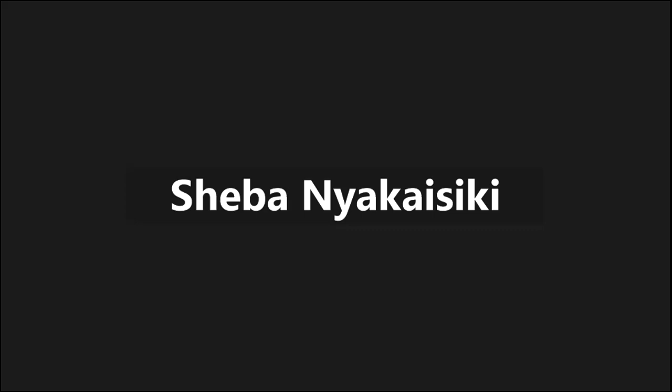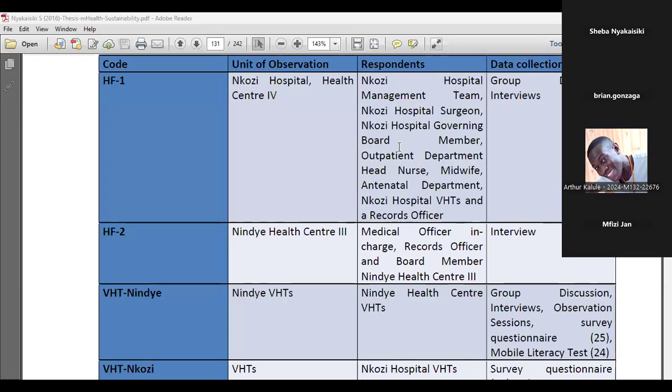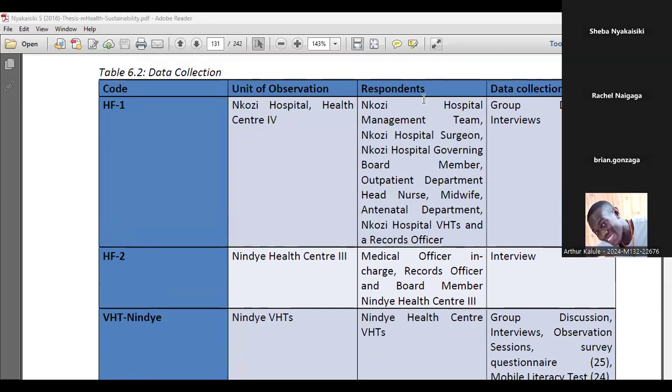But let me just share with you. I hope you can see my screen. Yes. So remember, my research was qualitative in nature. First of all, I had a code. I coded HF1 for a particular health facility, and I said it's the unit of observation.